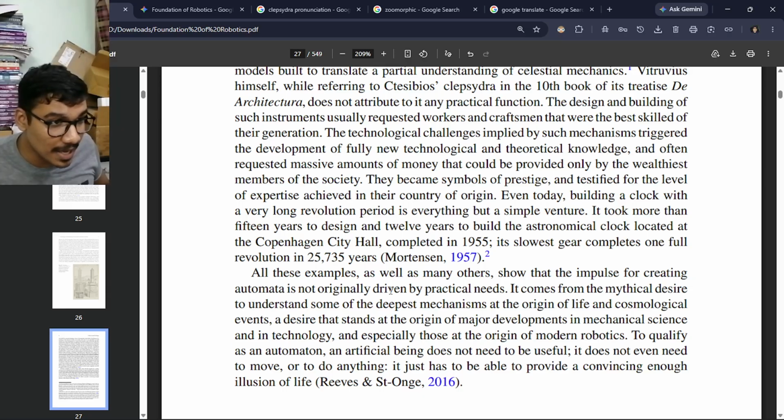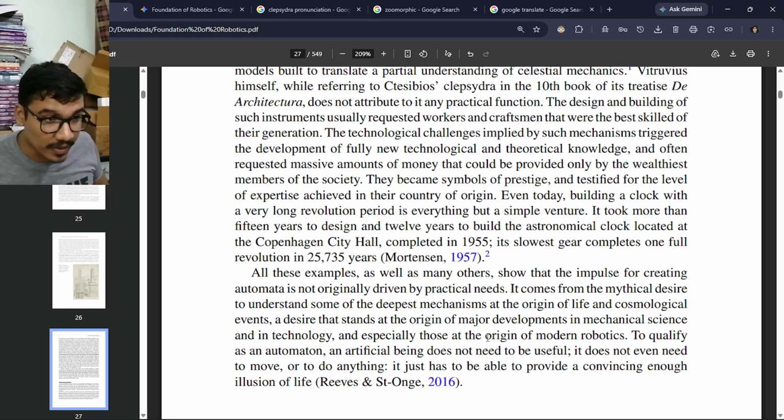All these examples, as well as many others, show that the impulse for creating automata is not originally driven by practical needs. It comes from the mythical desire to understand some of the deepest mechanisms at the origin of life and the cosmological events, a desire that stands at the origin of the major developments in mechanical science and in technology.